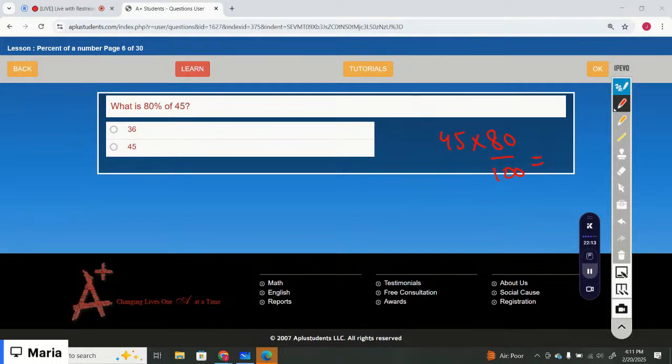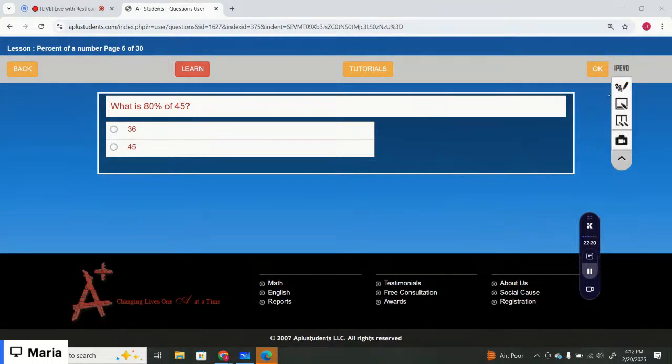So 80% of 45 is 36. Option number 1 is the correct option. That is 36.